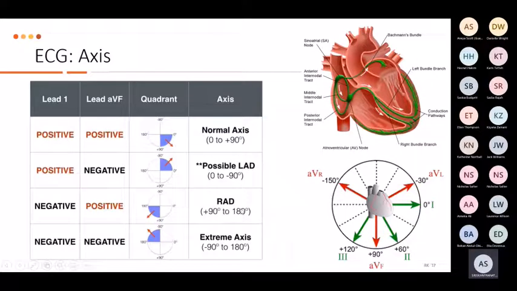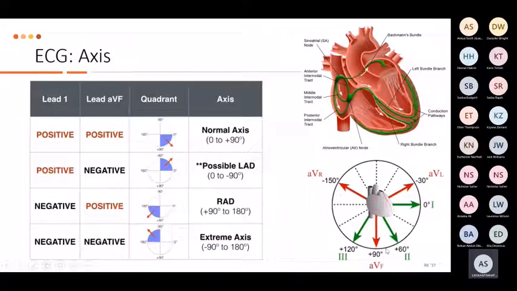And then the opposite happens with a right axis deviation. So lead 1 is negative and aVF is positive. And these are pointing towards each other, so that's right axis. So if we look at the diagram again, the right axis means it's more towards aVF. So more of the current is going in the same direction as aVF.